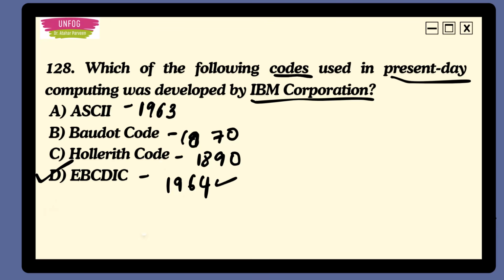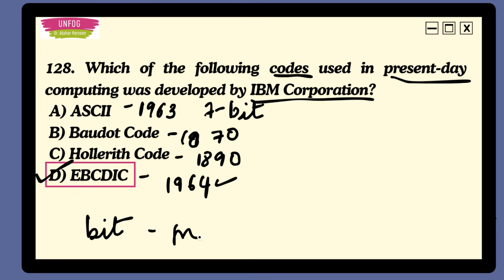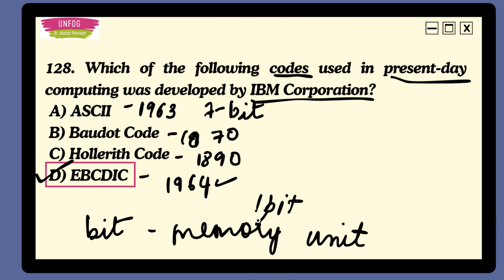Okay, but if you want to know some more knowledge about these codes, so I will tell you that this ASCII code stores 7-bit of data. Now what is bit? Bit is a memory unit. Like we measure water in liters, weight in kilograms, like that, bit is a memory unit. 1 bit is equal to 1 memory.